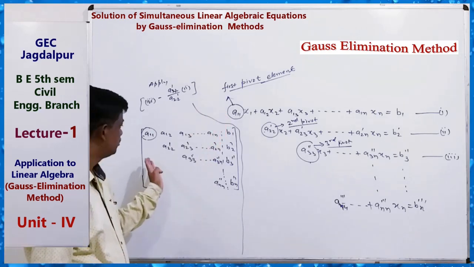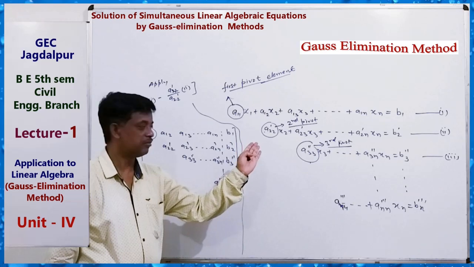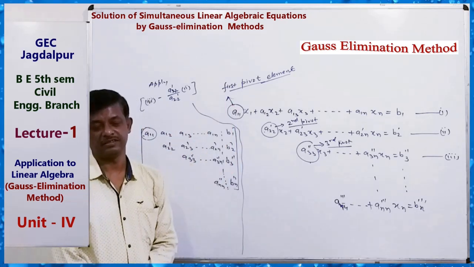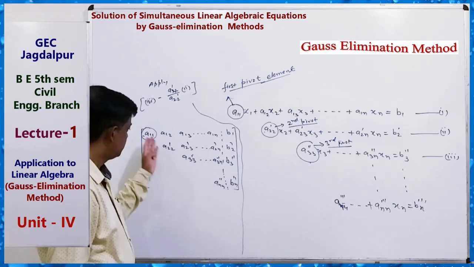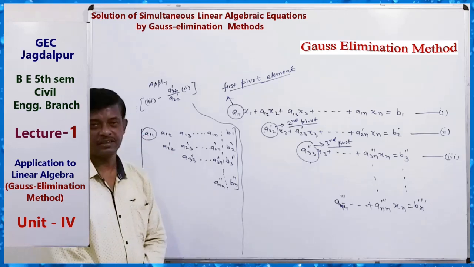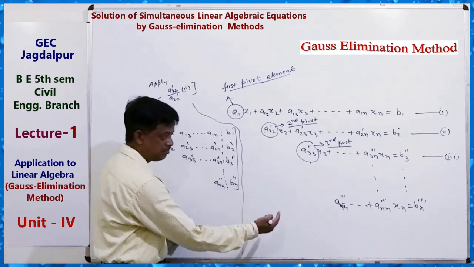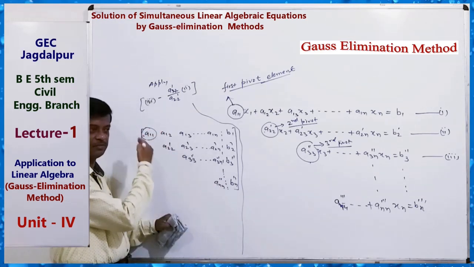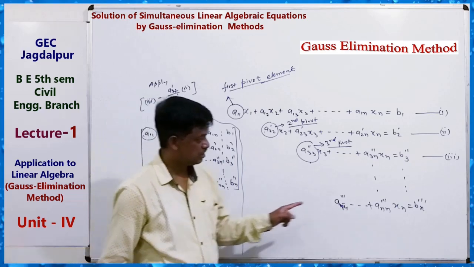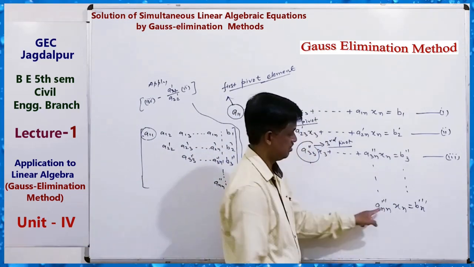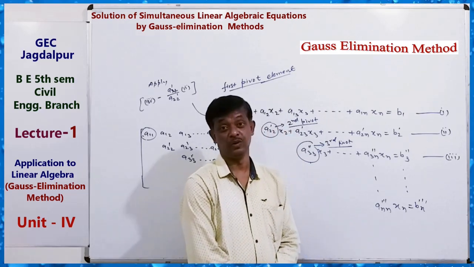You can convert this coefficient matrix to an upper triangular matrix, and by using this we can do back substitution, because in the last equation we will get only a single unknown.